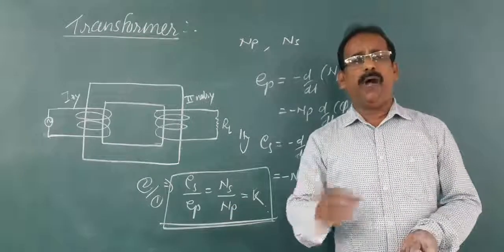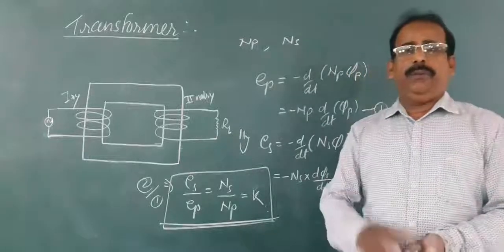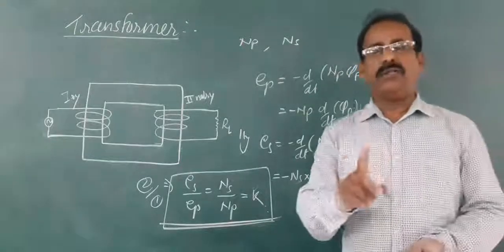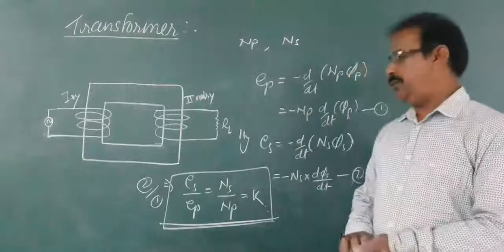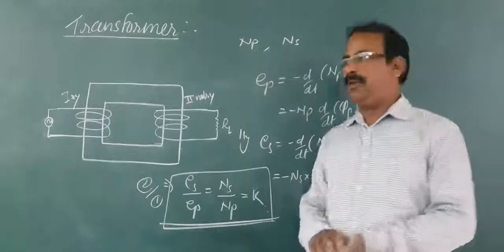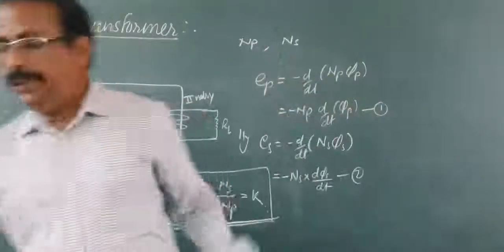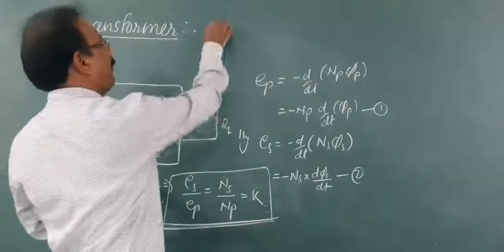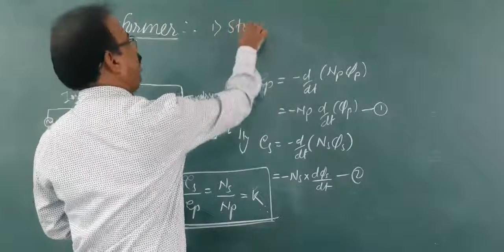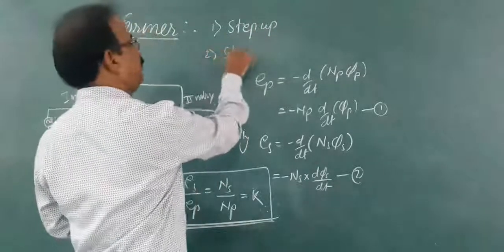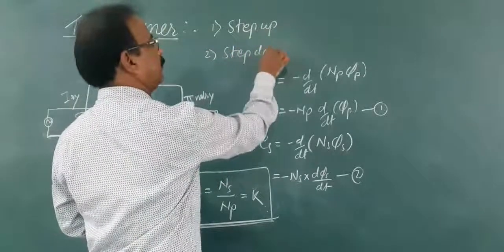Depending on the value of K, we get two types of transformers. One is called the step-up transformer and the second is called the step-down transformer.